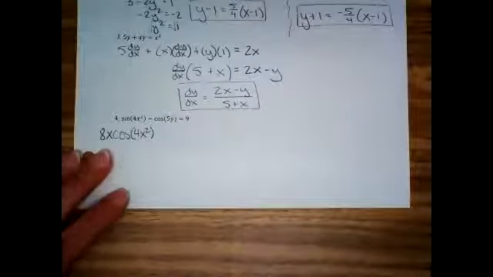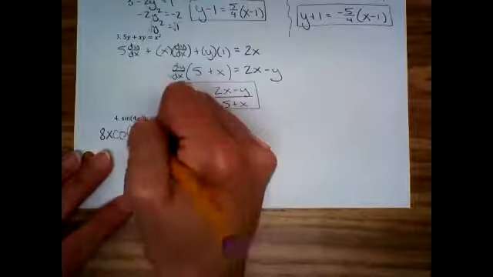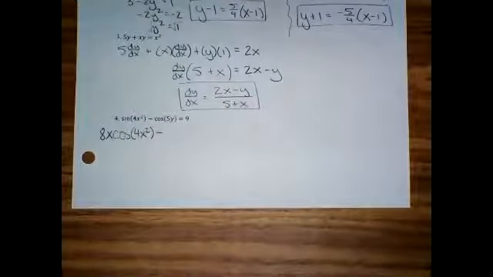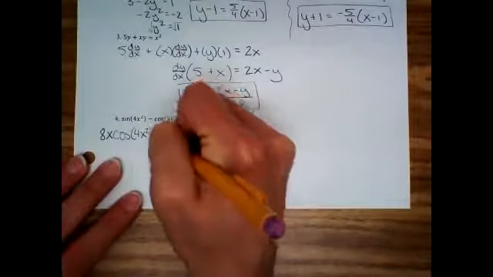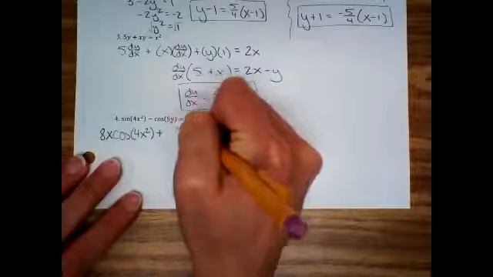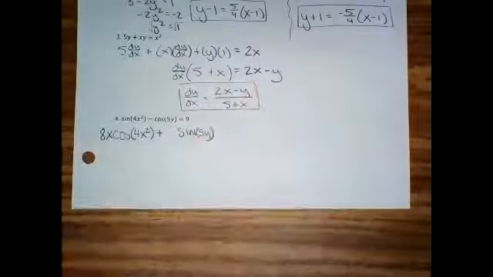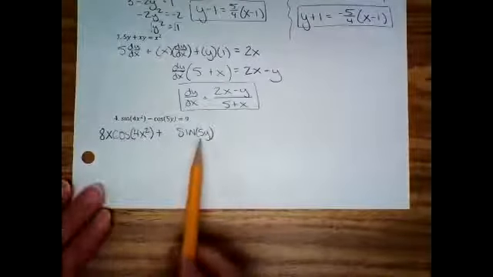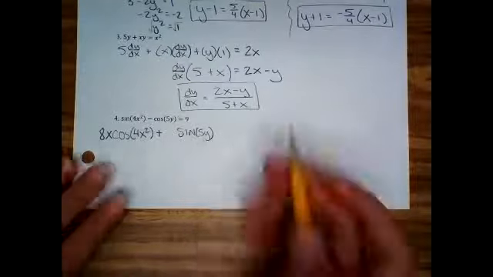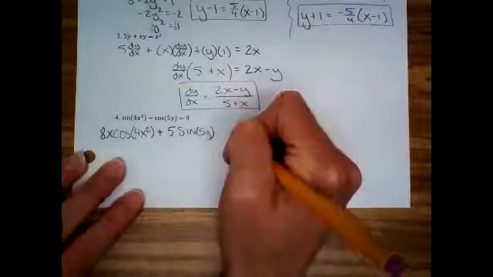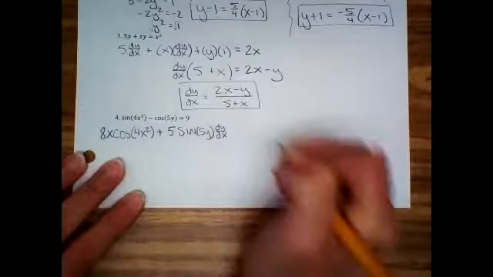So 8x cosine of 4x squared. Minus, all right, derivative of cosine is negative sine. So the negatives are going to cancel. This will be plus, and I'm going to leave a little space here, sine of 5y. And then we're going to chain on the derivative of 5y, which would be what? Get 5 dy dx. So I'm going to put the 5 out front and the dy dx at the end.